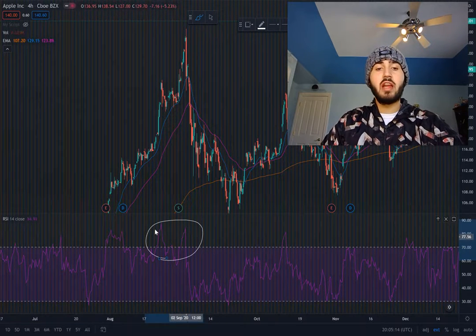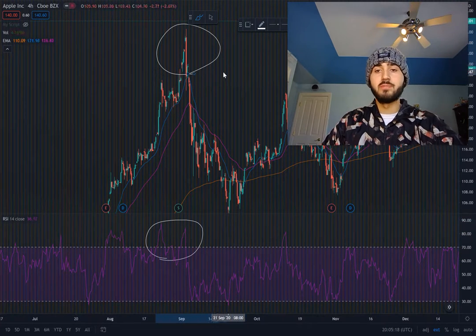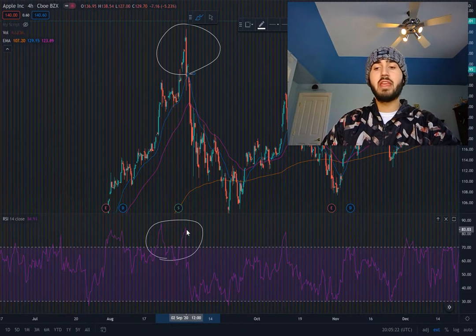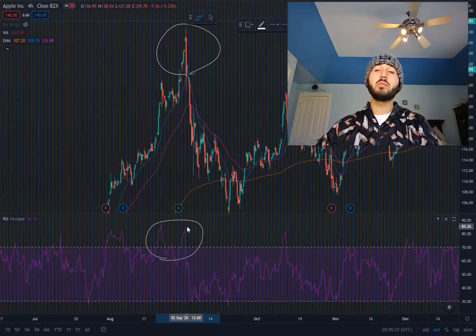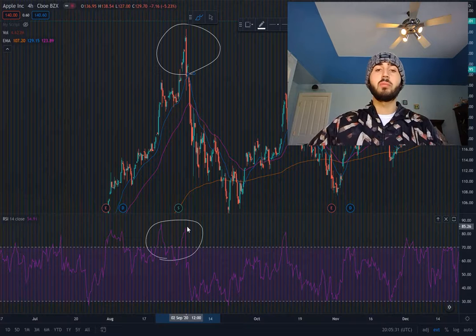You see here at the RSI, we are overbought, about this range right here, which is an RSI of about 83, extremely overbought. Once you hit 70, that's already overbought. Anything above is extremely overbought.